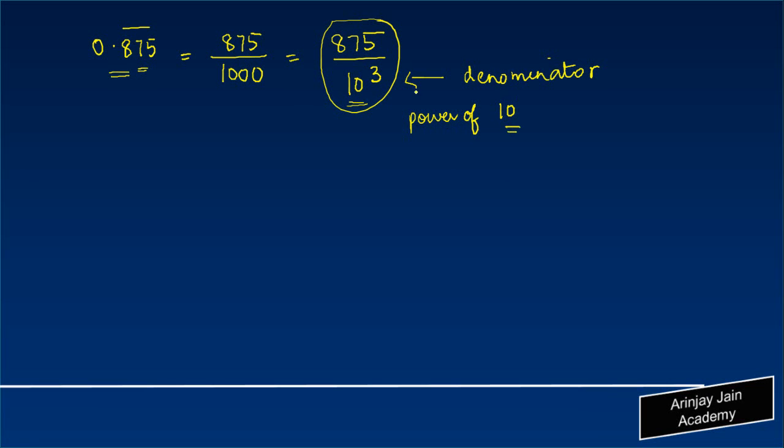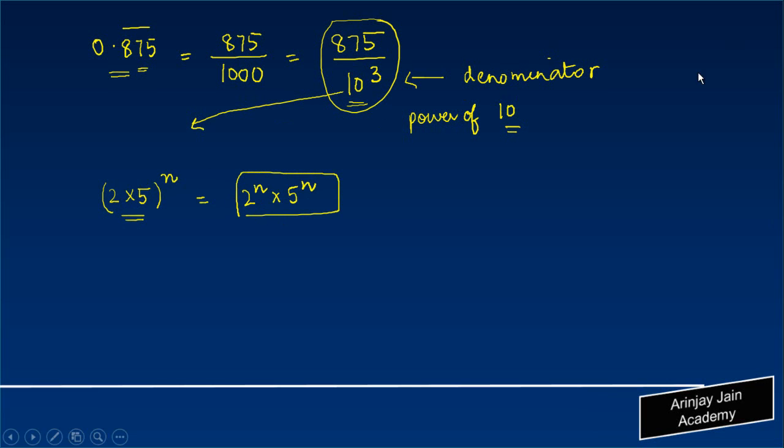Now by its very nature, if you write 10 in terms of prime numbers, 10 can be written as 2 times 5, because these two are the only prime factors of 10. What we can also say is, in that case, that any terminating decimal expansion rational number will have 2 to the power n times 5 to the power n, right?